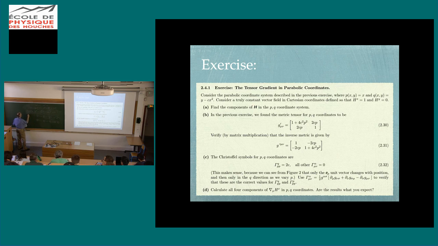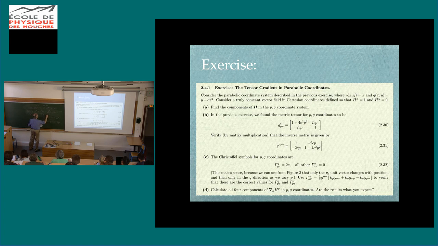Let's do the derivative with respect to Q. Now I've got a derivative of HQ with respect to P, and that is not 0. And then I've got the Christoffel symbol Q P P times HP.